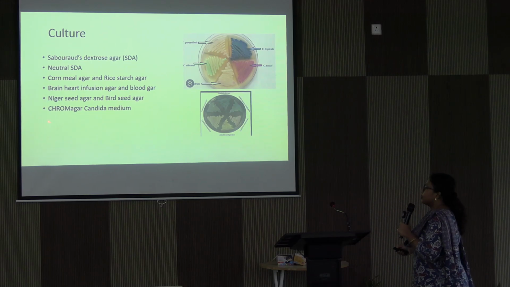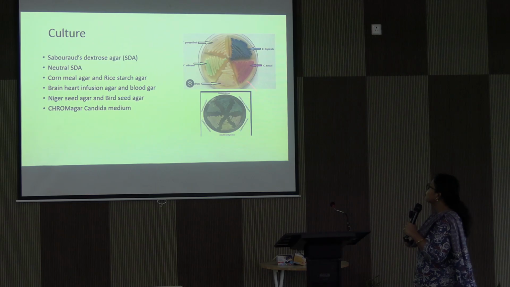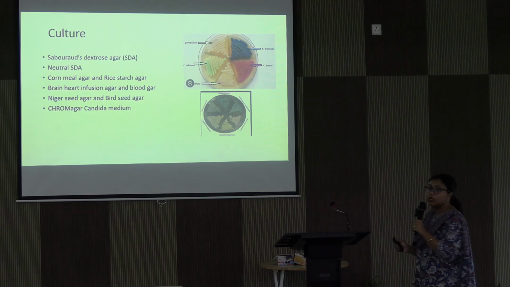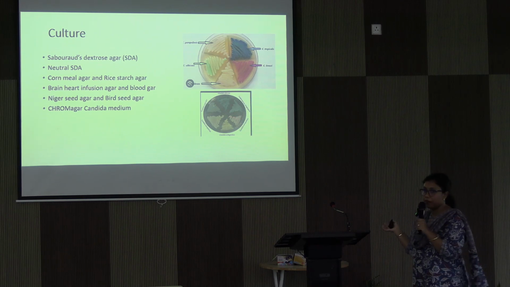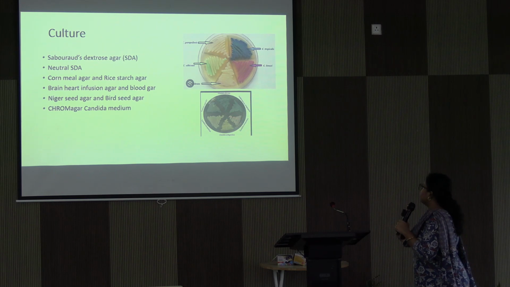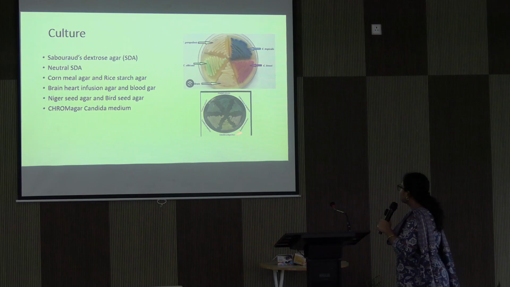Chrome agar is for Candida. So this is an example of chrome agar. When we are suspecting Candida disease, we can inoculate like this, and different colors of Candida species will come. According to the color, if it is white, it is albicans. If it is bright blue, you will see this is tropicalis.